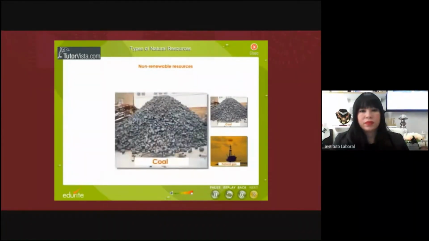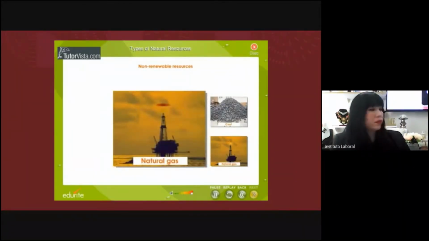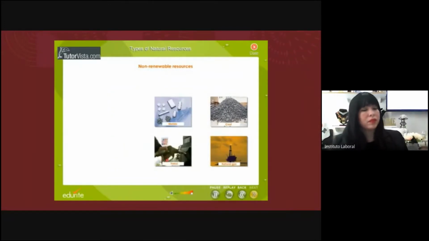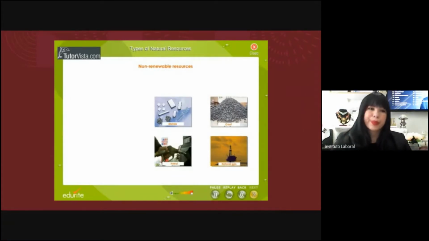Coal, oil, natural gas, minerals, etc. are non-renewable resources. These resources being limited in quantity, man has to be very careful in using them to obtain the maximum benefit from them.